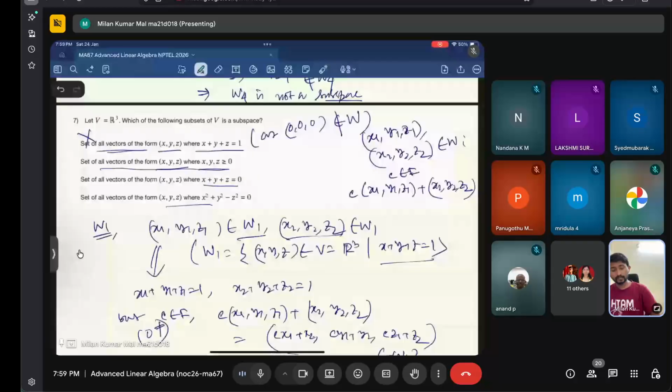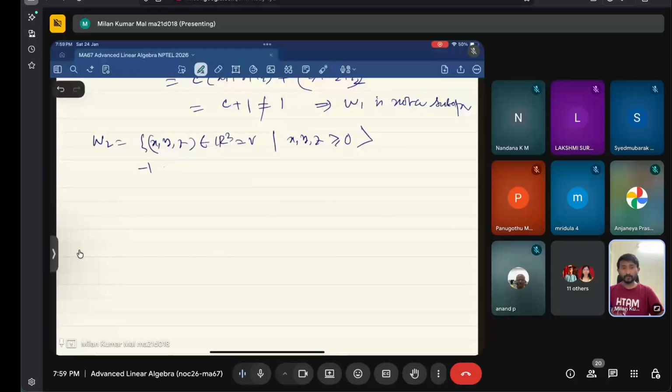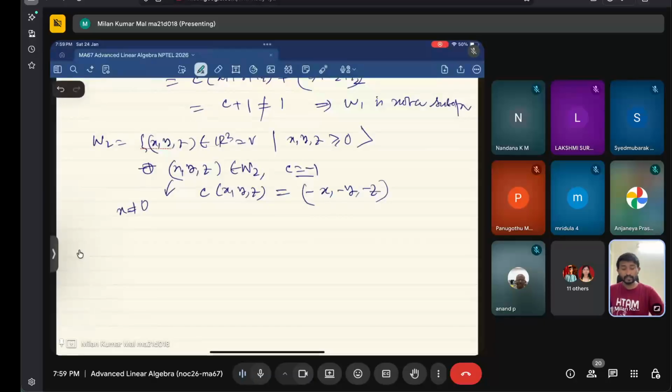Multiply c by (x, y, z). If W2 is a subspace, this entry has to be in W2. But here I will show that this is not in W2: (-x, -y, -z). Let's take x not equal to 0. That implies minus x is negative, because x is positive. Okay, x, y, z can be 0 but also positive.